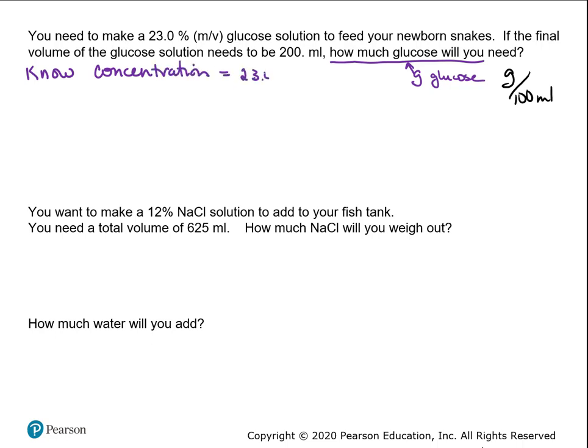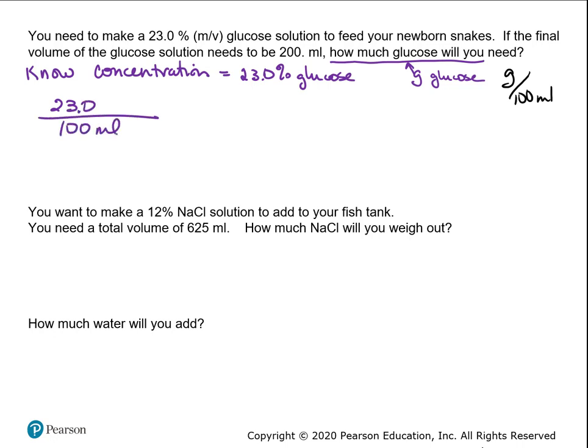Concentration is 23.0% glucose. So see that at the top? If you see a percent, then you know it's a percent solution. So now I want you to change, what does the percent mean? Over 100. Okay, so it's 23.0 over 100.